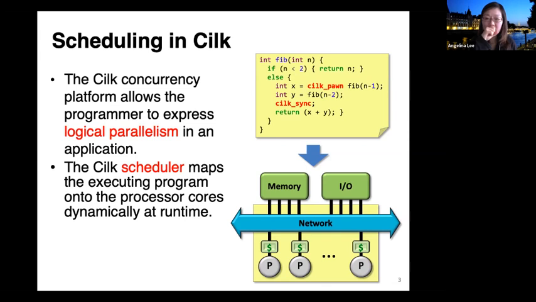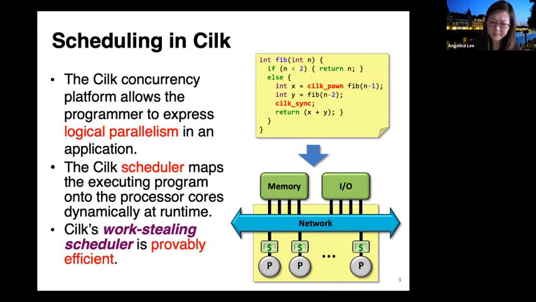What that means is that when you say cilk_spawn fib(n-1), it doesn't necessarily mean that fib(n-1) is executing in parallel with the continuation of the parent, in this case fib(n-2). It may or may not, depending on whether there's an available processing core at the moment. The whole computation is executed using what we call a work-stealing scheduler, and the work-stealing scheduler is provably efficient. Today I'm going to dive a little into detail on how this scheduler is implemented.